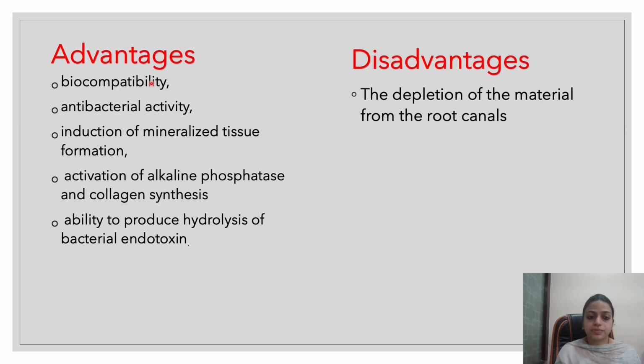The advantages are it's biocompatible, the antibacterial property, then induction of mineralized tissue formation, also causes calcified tissue formation, activation of alkaline phosphatase and collagen synthesis, ability to produce hydrolysis of bacterial endotoxin. The disadvantages: depletion of the material from the root canals.